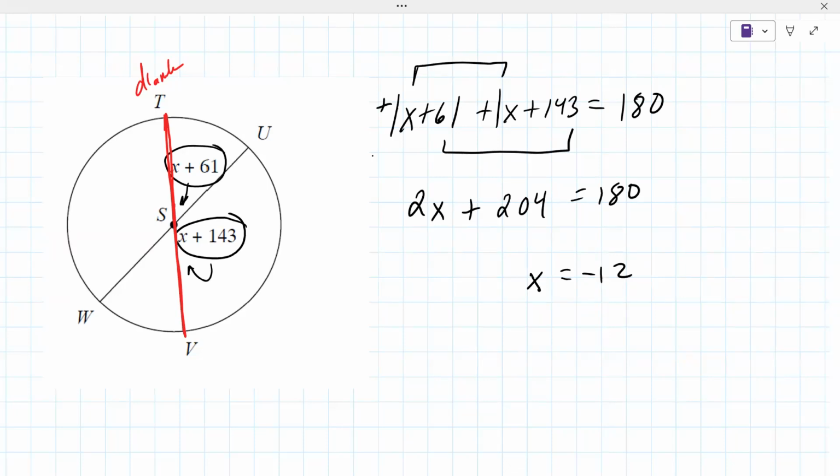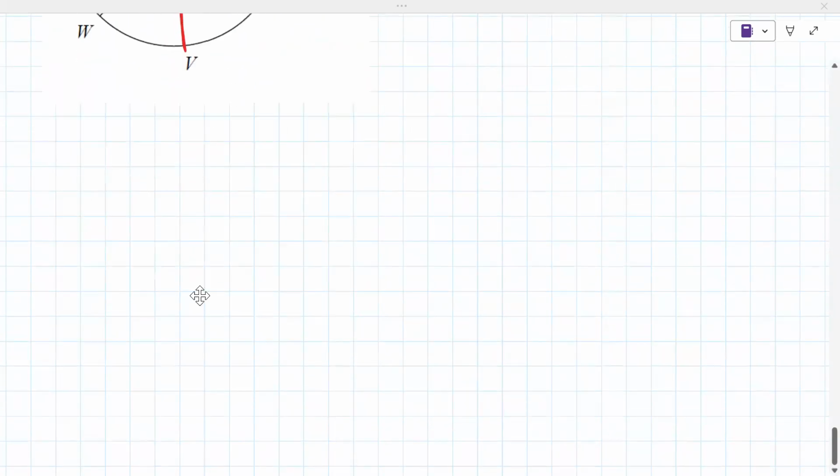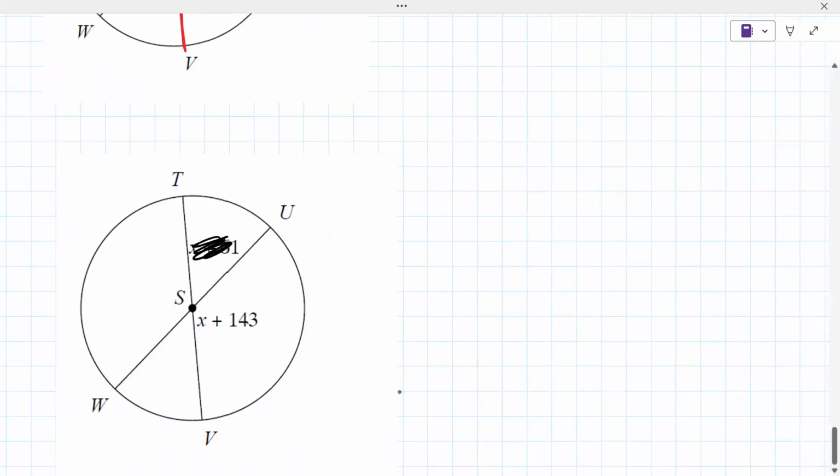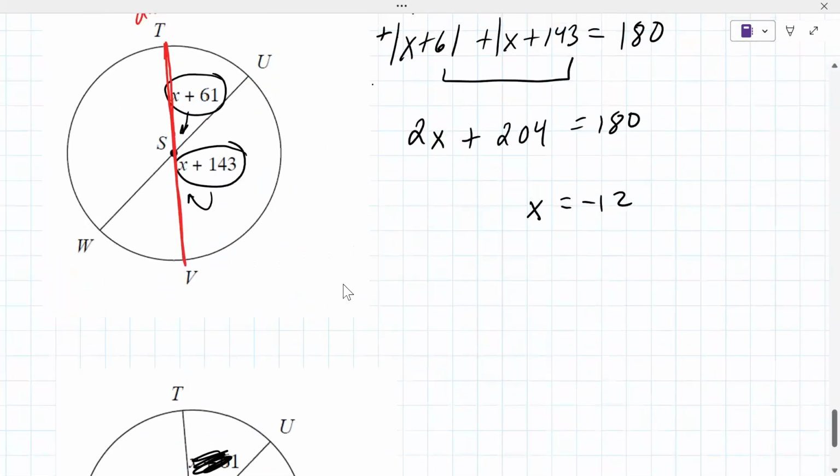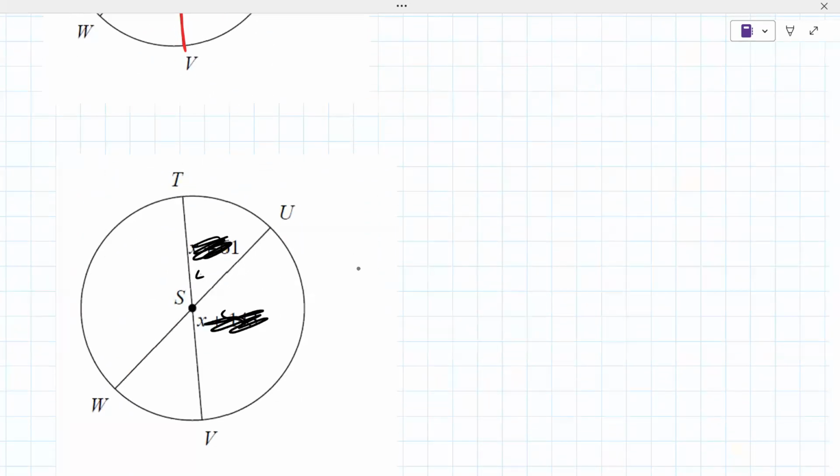Now we want to put those back in so that we can get the angle measures. You can put that negative 12 back in and tell me what you come up with for those two angles. For the first one, T to U, I have 49, and the other one's 131 degrees.